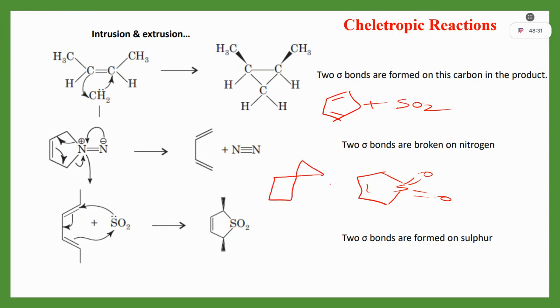I will give you another example for this. But right now you can see that on the same atom these two carbons are getting attached. Okay. So two sigma bonds are formed on sulfur.